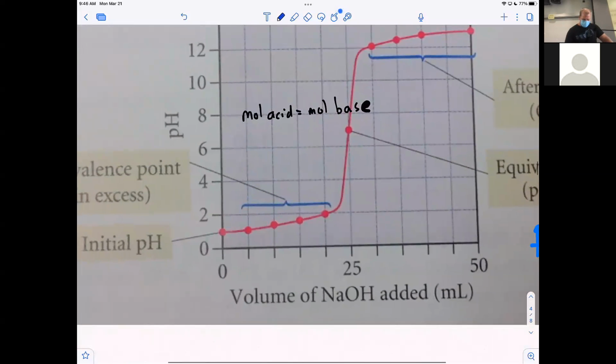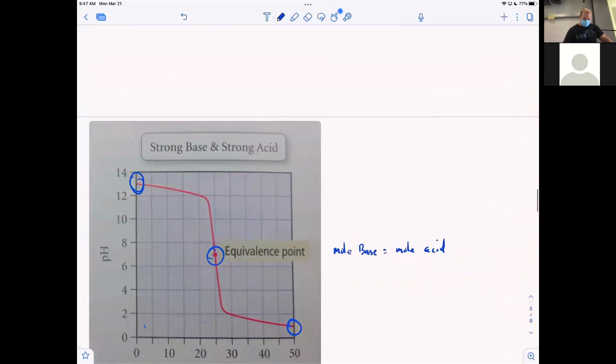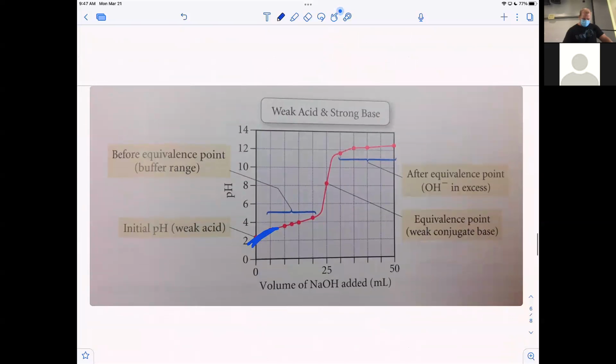That is a very flat rise. But for a weak acid, it's a pretty hefty rise compared to the strong acid. So you have initially a rise, and then you have this flat area in the middle, and then you jump up, and then you have a flat area at the end.